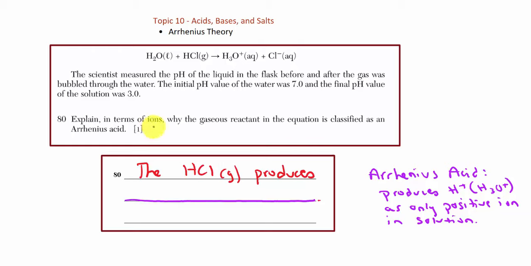Question 80. Explain in terms of ions why the gaseous reactant in the equation is classified as an Arrhenius acid. We actually don't even have to look at the equation to answer this. If we understand and know our definition for Arrhenius acid, an Arrhenius acid is anything that produces hydrogen or hydronium ions as the only positive ion in the solution. But to be thorough, the gaseous reactant in this equation is the HCl gas, which you instantly recognize as an acid.